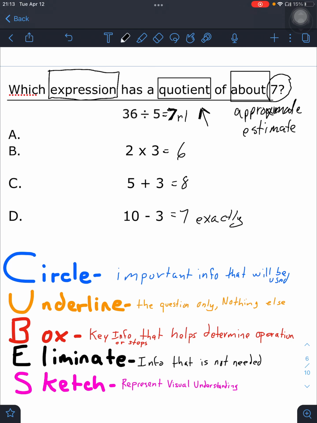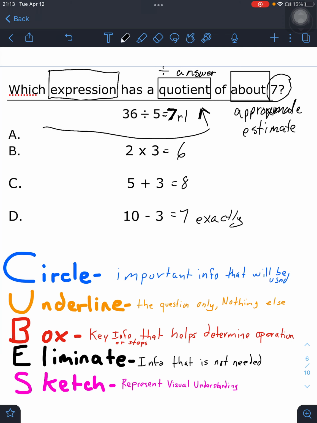So unless we know our key point of information, quotient, we cannot possibly solve the answer. Okay? So that's what our key information here is: quotient. Quotient is the answer to a division problem. So it's the answer to a division problem.